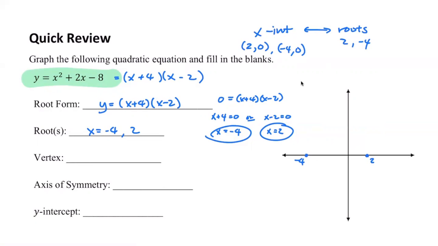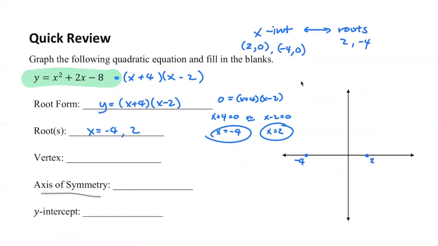Now, we have a couple of things to look at. Can you find the vertex? Can you find the axis of symmetry? This kind of information is not readily available, but you can figure it out. How? Well, the axis of symmetry is something we can figure out very easily if we can visualize the graph.